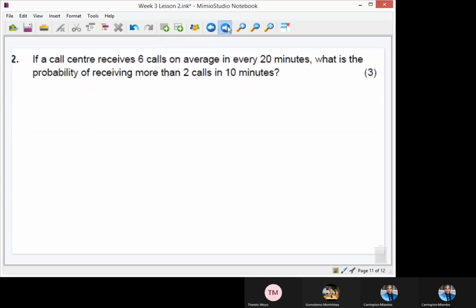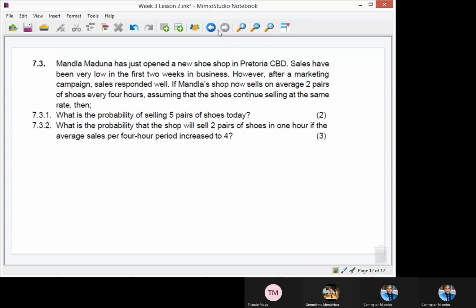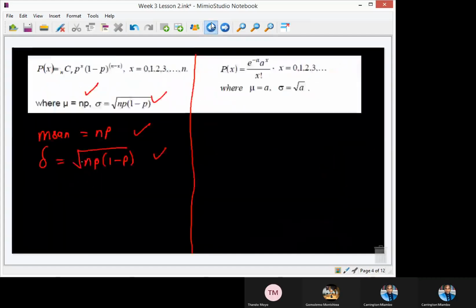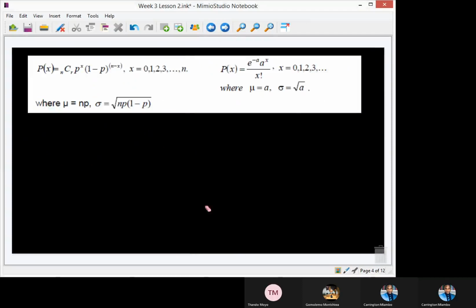Right. These are the ones we did yesterday. Still remember this. So know your formulas. Know this is binomial, and this is your Poisson. And this is your mean, and this is your standard deviation.